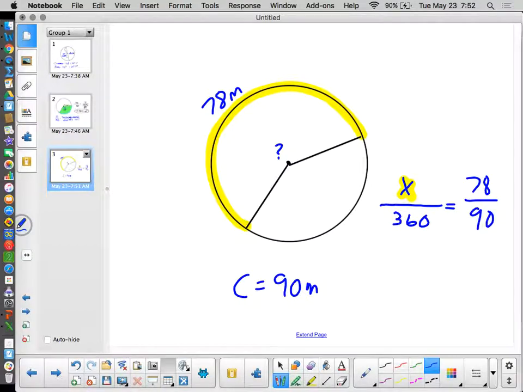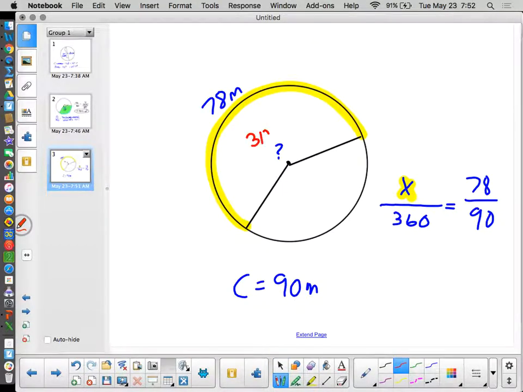Since the variable's up here, I could just multiply both sides by 360. 78 times 360 divided by 98. 98, or you mean just 90? Say 90, sorry. The angle's 312 degrees.